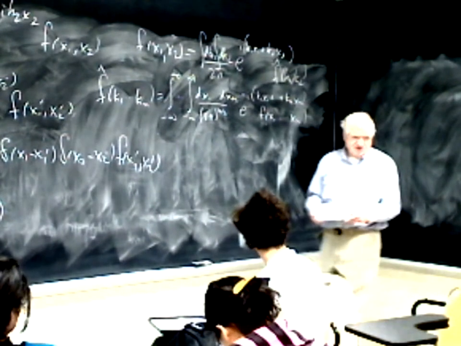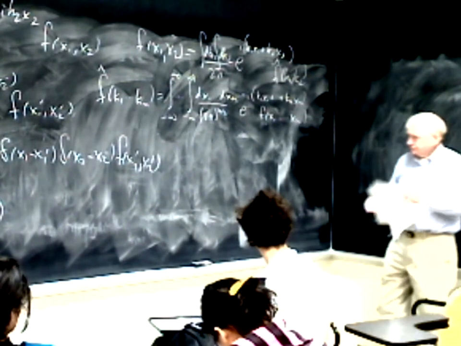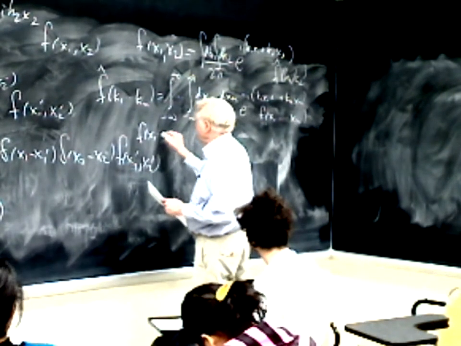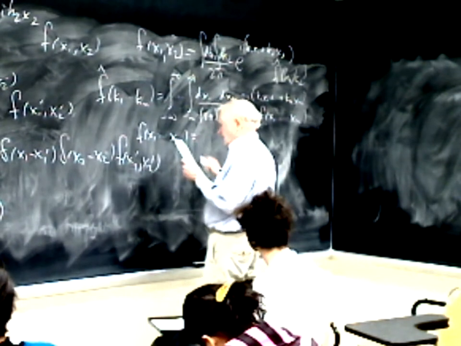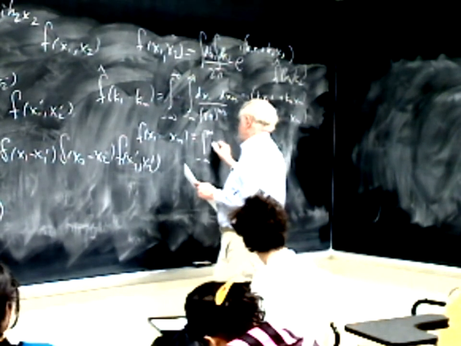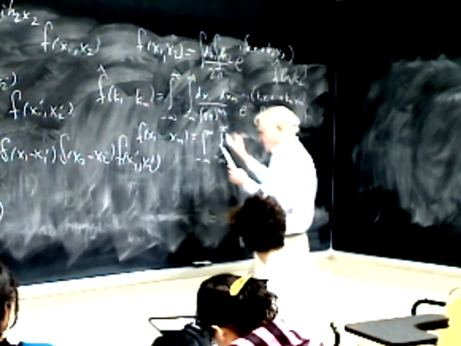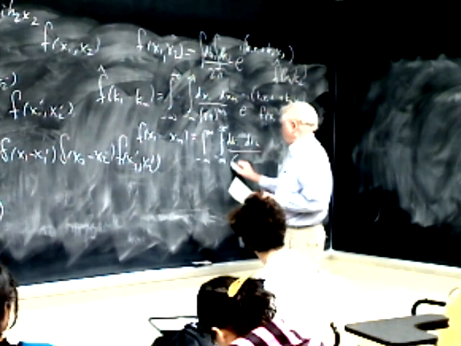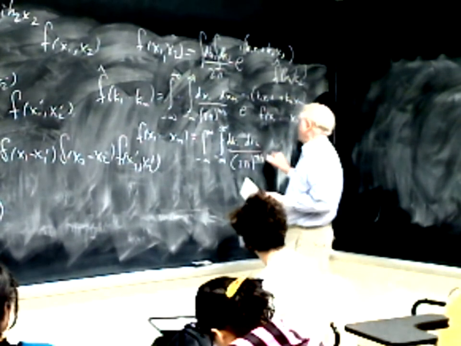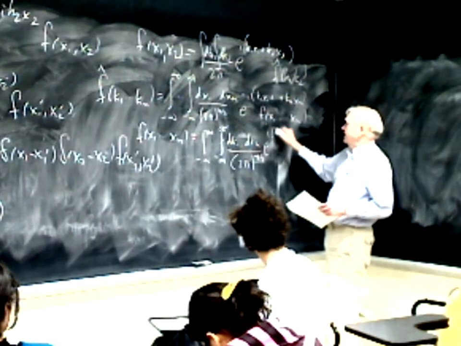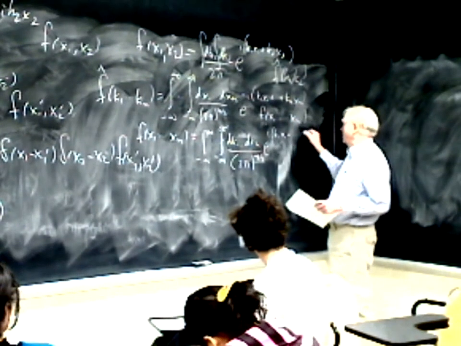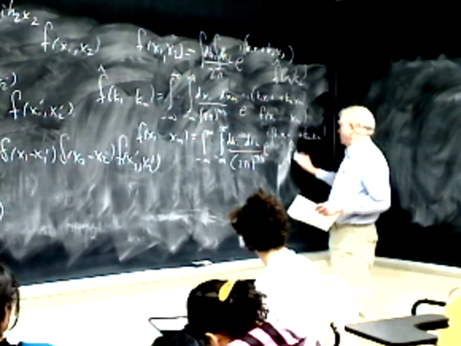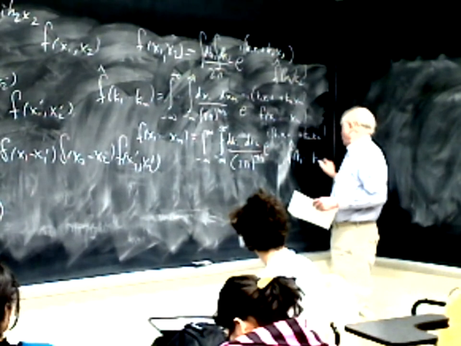And then the inverse Fourier transform is f of x1 through xn equals the integral from minus infinity to plus infinity, dk1 through dkn over 2 pi to the n over 2, and then just the opposite phase, e to the i (k1 x1 plus dot dot dot plus kn xn), f hat of k1 through kn.